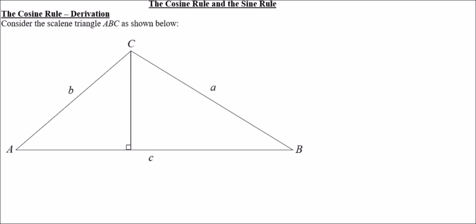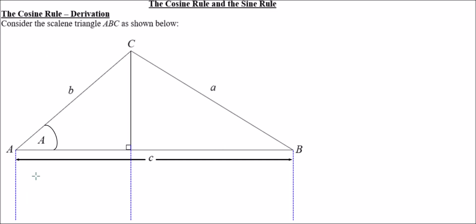Next, I'm going to label in angle A even clearer here, and we're going to think about what the lengths of this side and that side are. So using trigonometry, labeling that this whole length is C, I'll drop down dotted lines so I can section out from A to this point here, and from this point through to where AB ends at B.